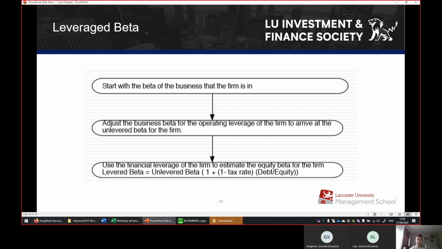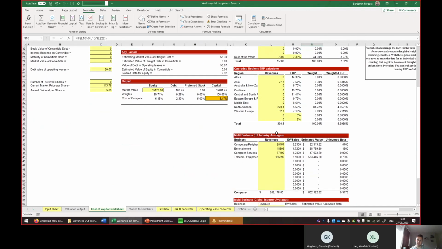We start with a beta of the business as it is now. So you can actually use a historical beta here that you've been taught before, or you can figure out the unlevered beta using a business mix.